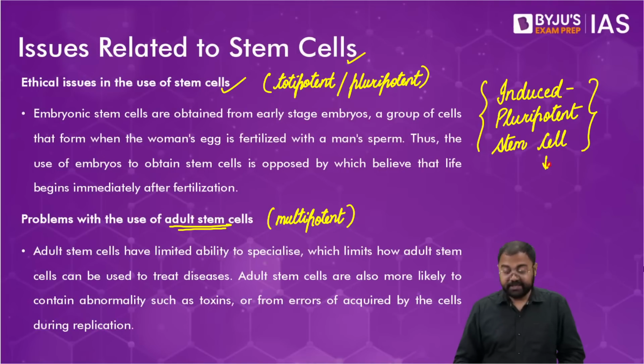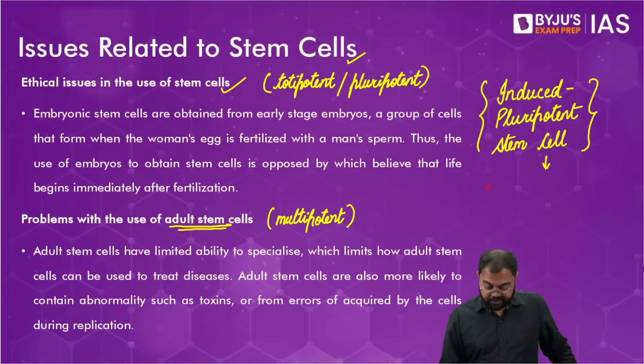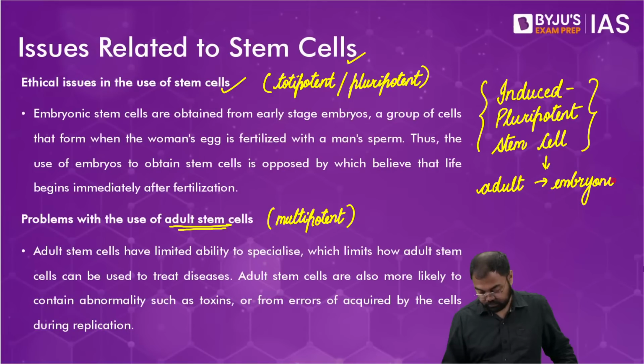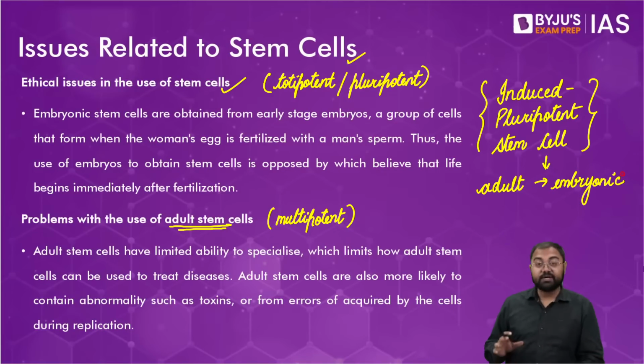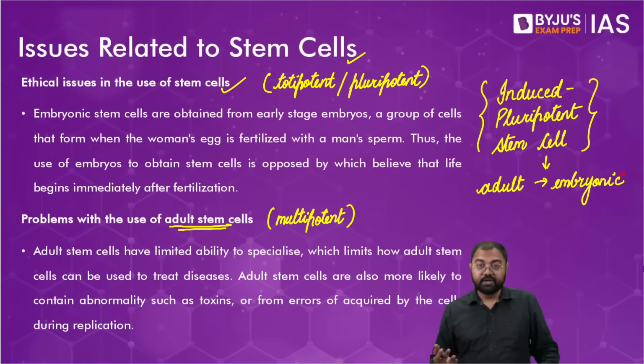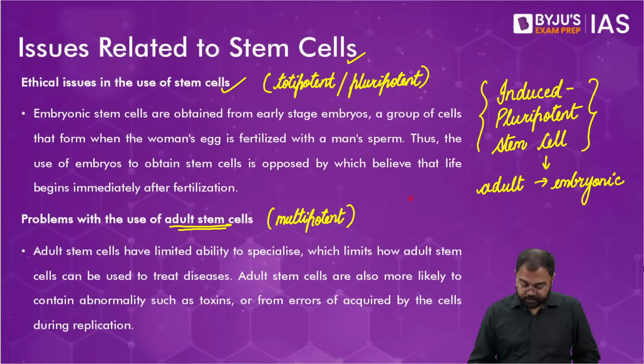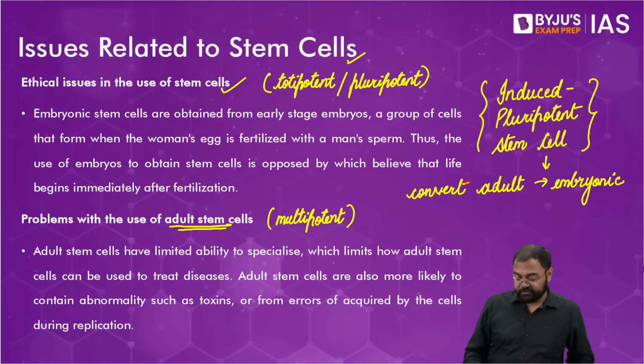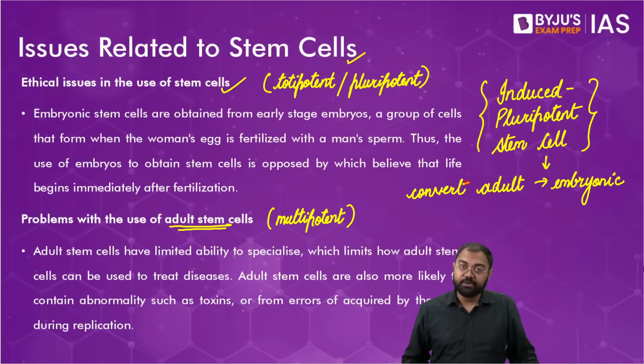Now this is a kind of stem cell where we try to convert an adult stem cell into an embryonic stem cell. This is something that actually is now possible, that we can convert adult stem cells into embryonic stem cells.